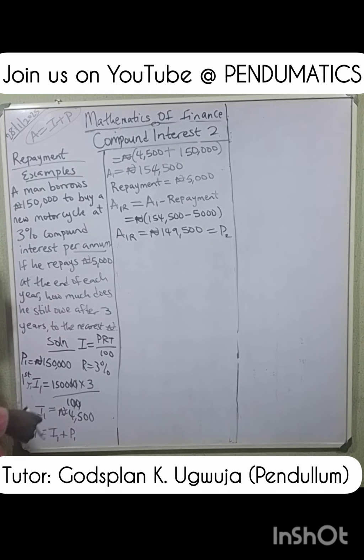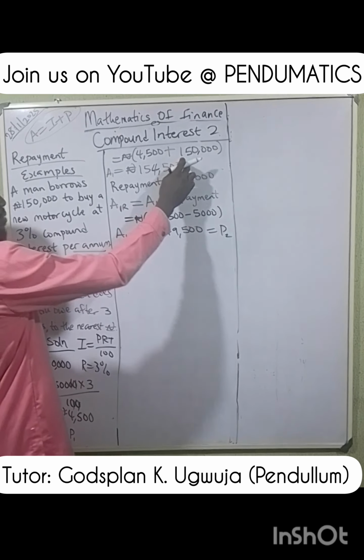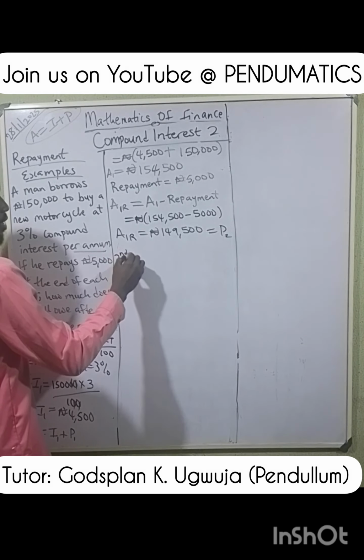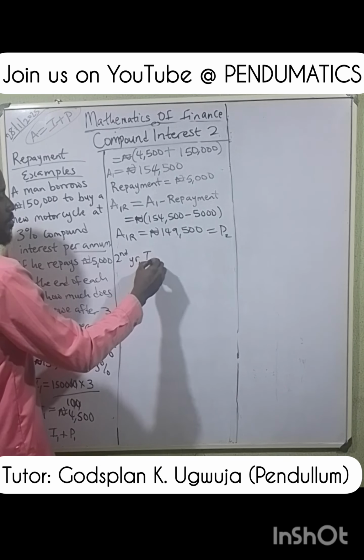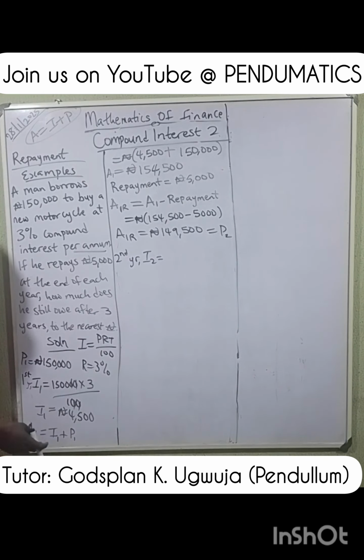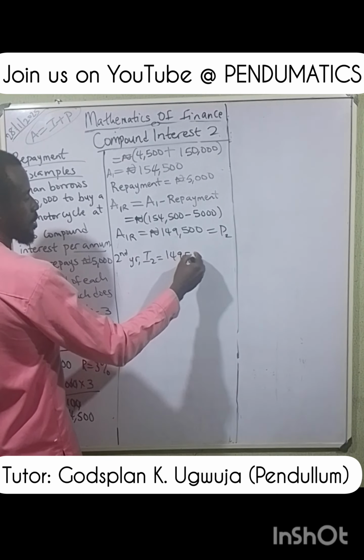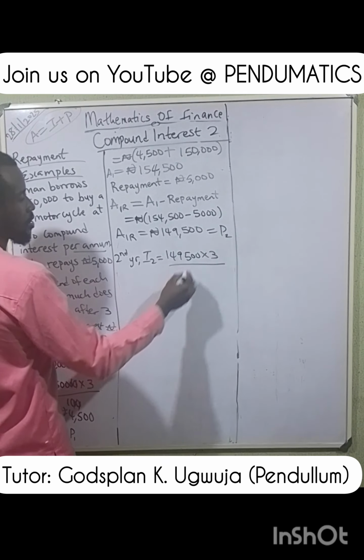This amount will now serve as the principal for year 2. So please, if it's a repayment question, don't stop here. Make sure you subtract the repayment. For the second year, our interest is still PRT over 100. Our P is 149,500. R will not change.